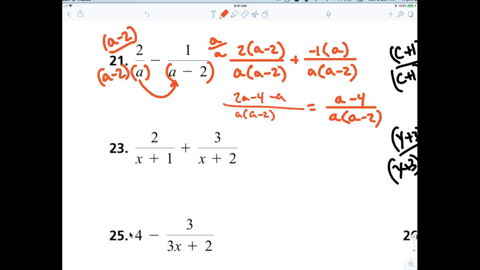What's 2a minus 1a? Can I reduce anything? No. A minus 4 can only be reduced with a minus 4. All right. Any questions?